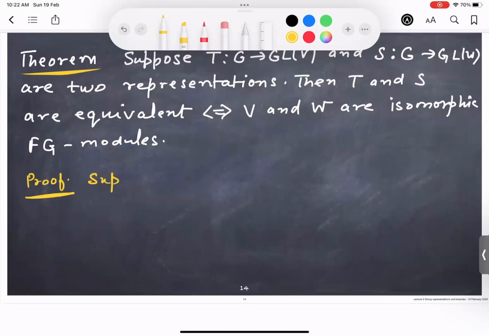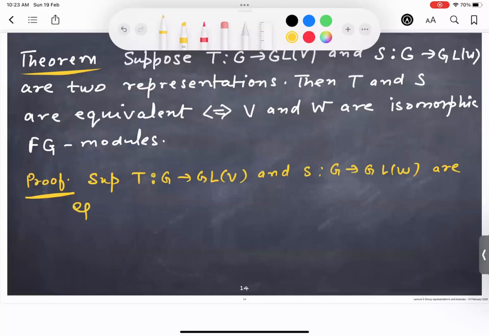Suppose T and S are, let me write down, T is from G to GLV, and S is from G to GLW. Suppose these are equivalent. Then I want to prove that the corresponding modules are isomorphic.